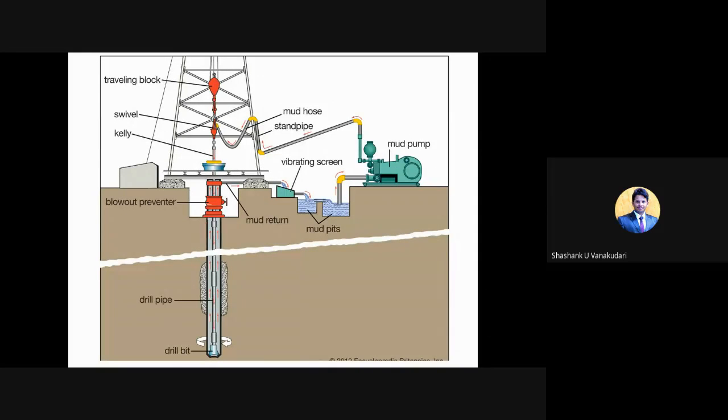Once they dig this particular portion where they start getting oil or gas, they insert certain chambers to get the oil or gas. In some cases the gas may come out of the chambers also, right?